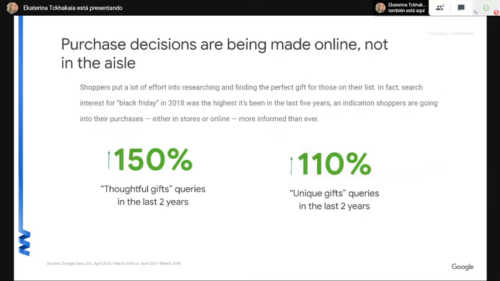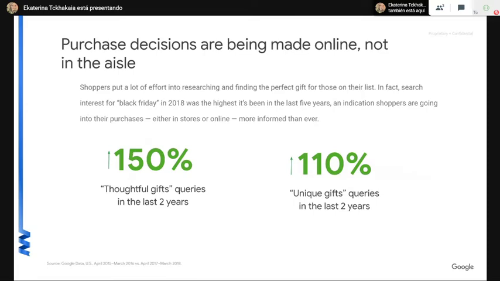Purchase decisions are actually being made online, not in the aisle. There's no doubt that shoppers put a lot of effort into researching and finding that perfect gift. And in fact, searches for Black Friday in 2018 were the highest in the last 5 years. And so far this season, only 1 in 3 purchases were made on impulse, including in-store purchases.